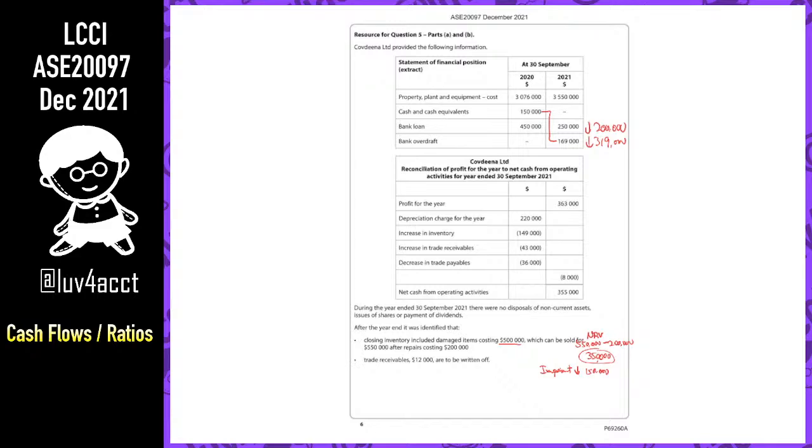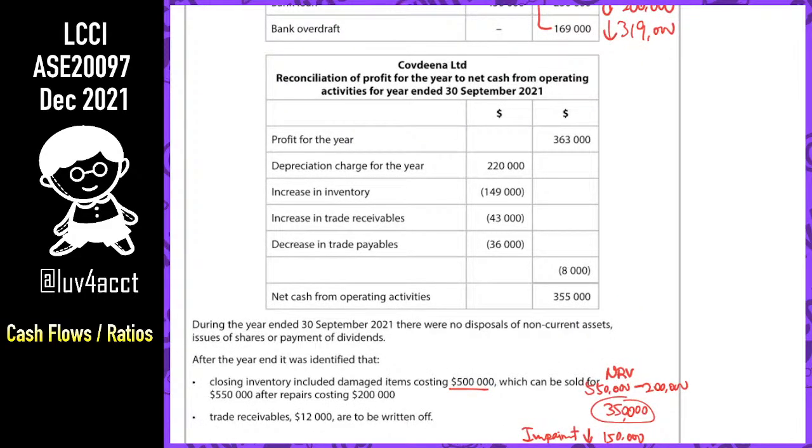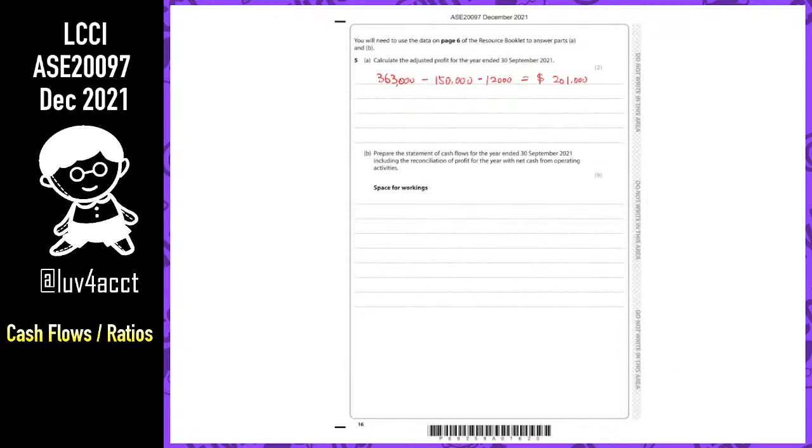Next we are going to adjust for the increase in inventory, trade receivables, and trade payables. There's no change in trade payables, so we can just put it there first, 36,000. Let me change the order first.